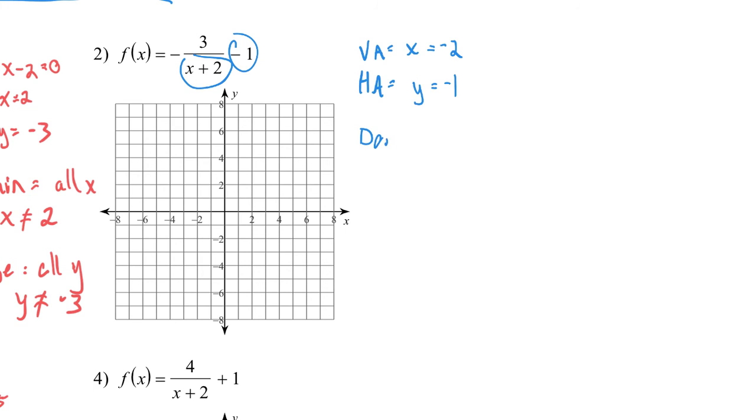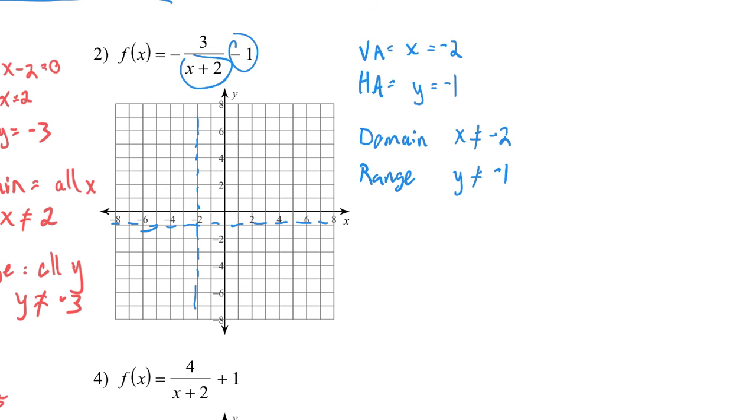The domain is going to be all real numbers except x does not equal -2, whatever your asymptote is. The range is going to be all real numbers except y does not equal -1. So x equals -2, put your vertical dashed line. Y equals -1, put your horizontal dashed line.